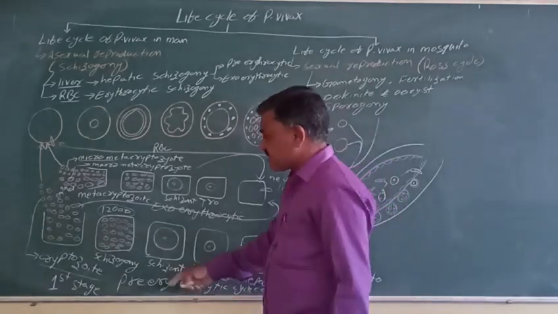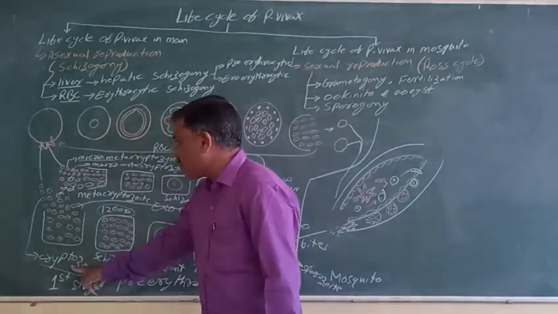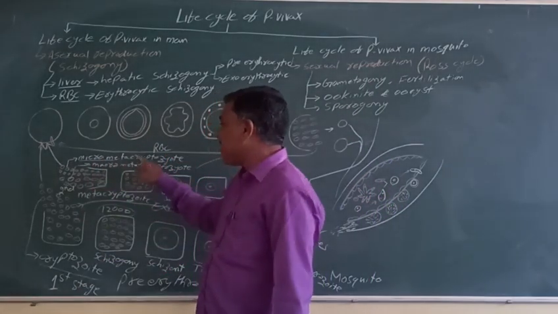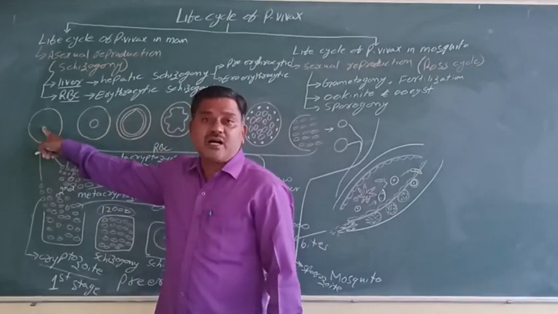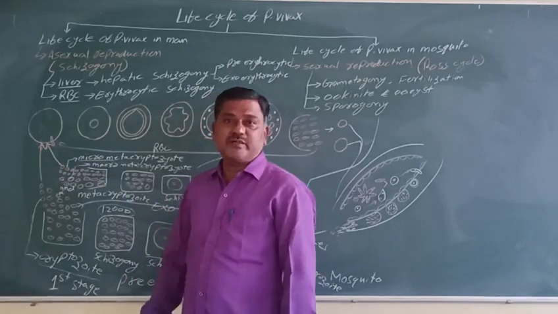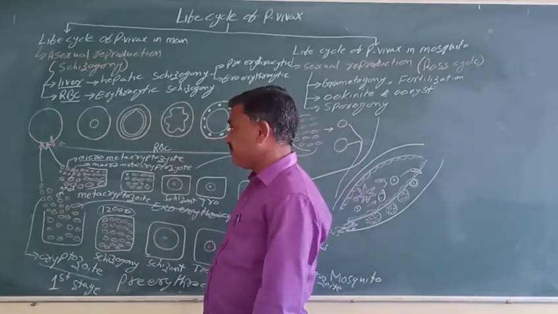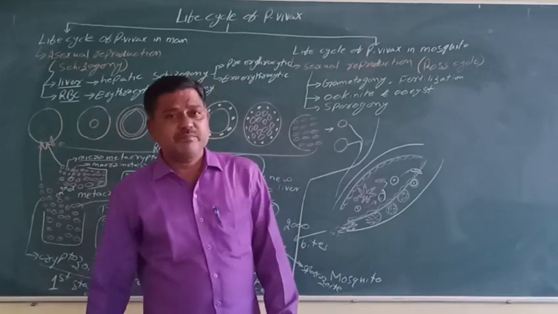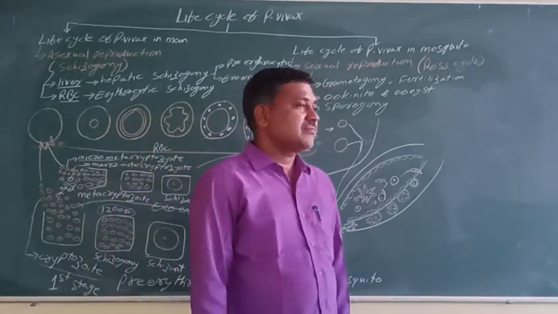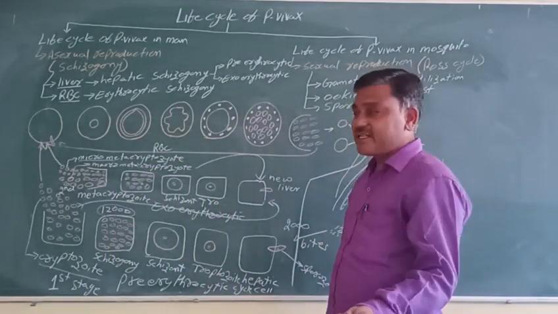Now keep in mind, cryptozoites and micro metacryptozoites are ready to infect RBC. Clear? Now in between one more point will come, and that point we will see later on.